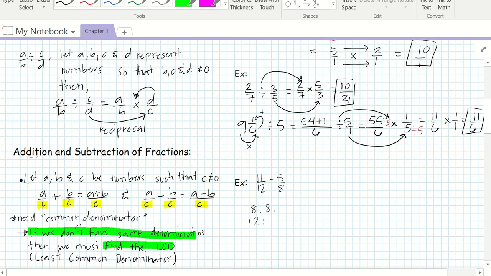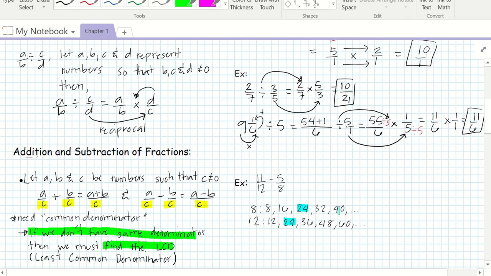So for 8 we have 8, 16, 24, 32, 40, and you can keep going. For 12, we have 12, 24, 36, 48, 60, and you can keep going. So from there, I can see that both the times table of 8 and the times table of 12 have the number 24.